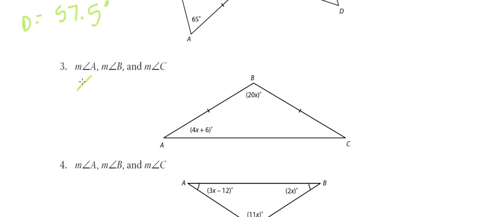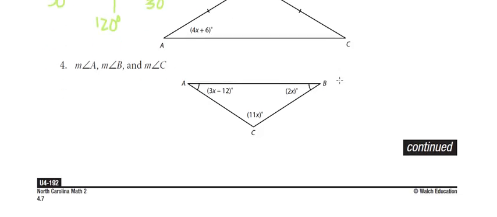We get that the measure of angle A here is 30 degrees. We get that the measure of angle B is 120 degrees, and that the measure of angle C is 30 degrees. And in that problem X was equal to 6. And in number 4, you use the triangle sum theorem.